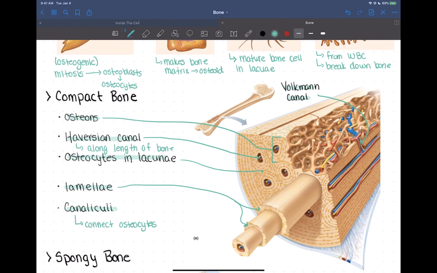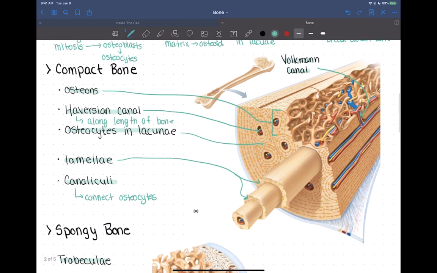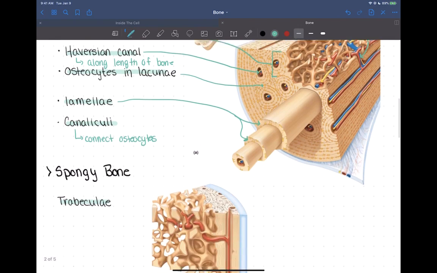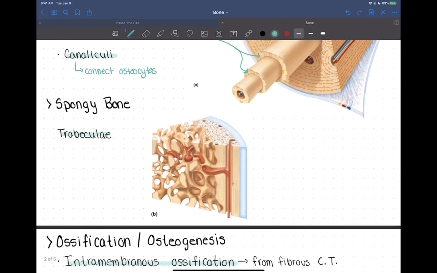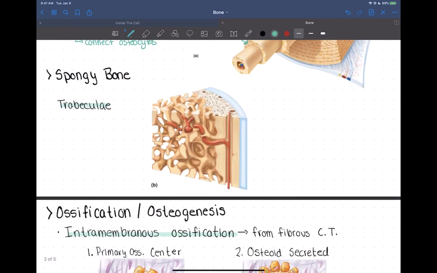Okay, good. And that's compact bone. So let's talk about spongy bone just briefly for a minute, since we didn't spend very much time on it in our tissue chapter. If we look at spongy bone, we have it here. It's usually right next to or sandwiched in between some compact bone. So we have compact bone here, and then all of this that looks like a sponge is spongy bone.